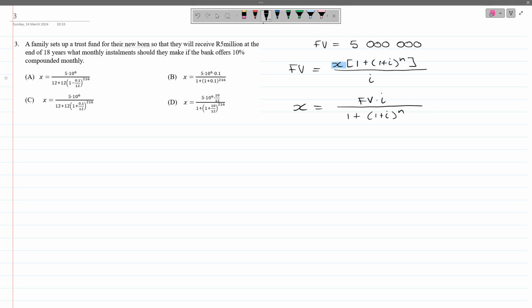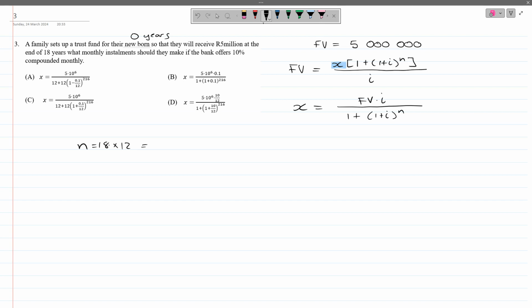Well, they say they set up the trust fund for their newborn, who is basically 0 years old when they're born, and then 18 years. That means the lifespan of this investment is 18 years. So you need to figure out how many months are in 18 years, because they'll be making these monthly payments, and that value we'll assign to n.